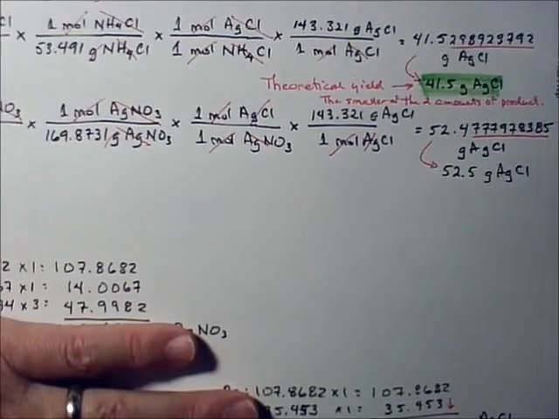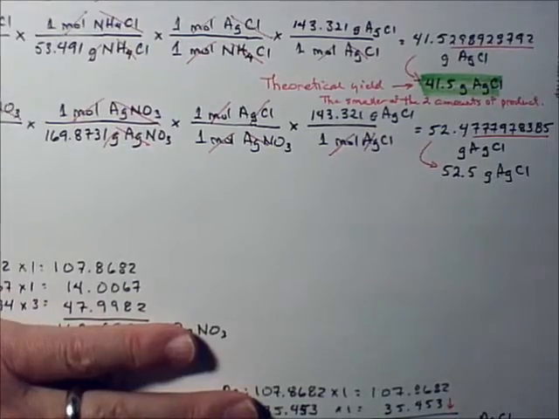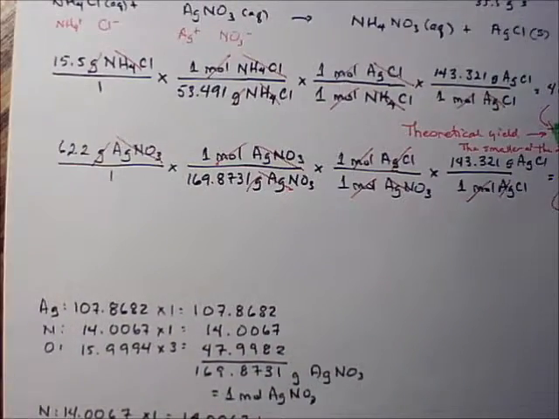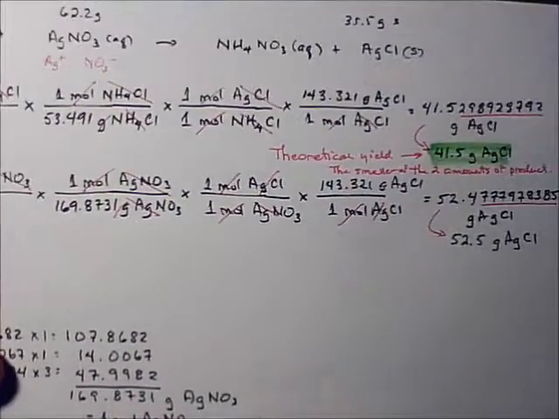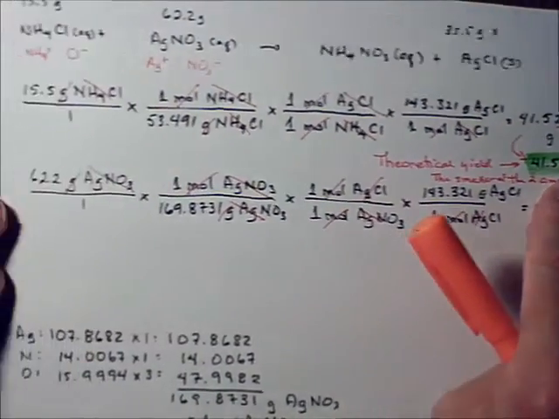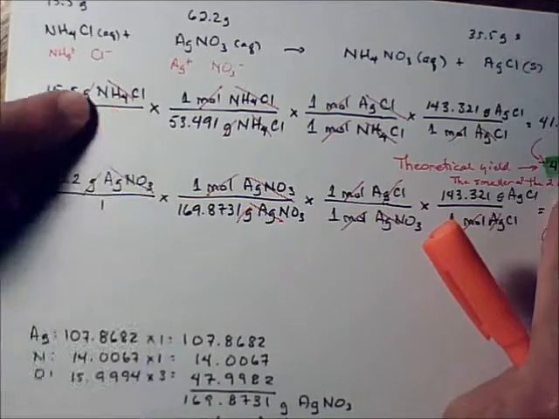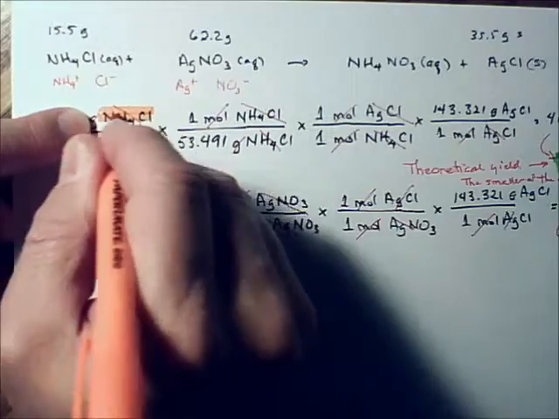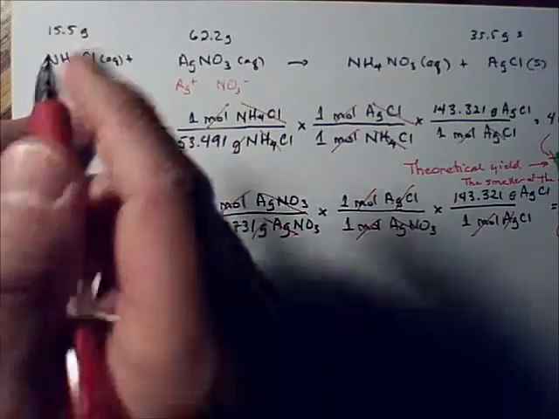The smaller of the 2 amounts of product, that's the theoretical yield. The chemical that we started with to calculate the theoretical yield, the chemical species that we started with, this is the limiting reactant.